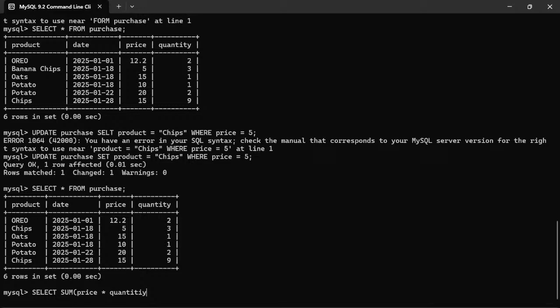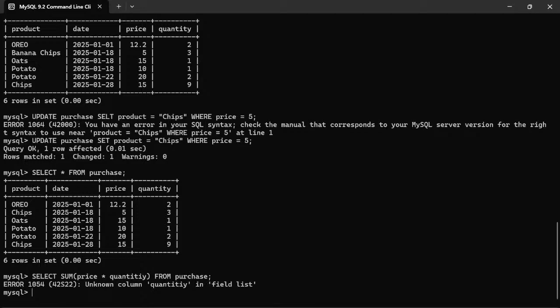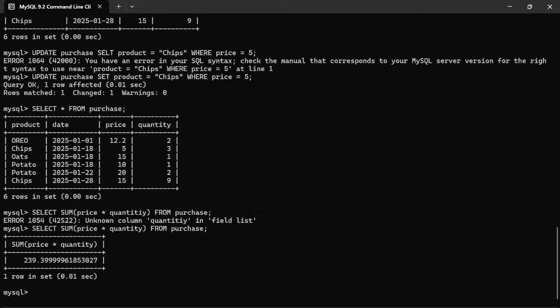Okay, from, table name is purchase. Yeah, let's see. Okay, there is a typo error in quantity. This is fine. Okay, fine.